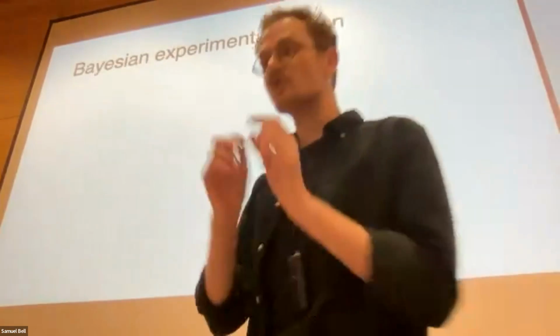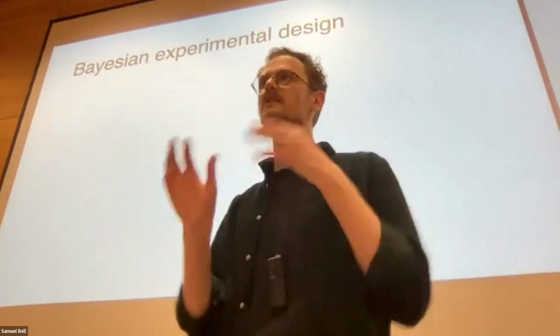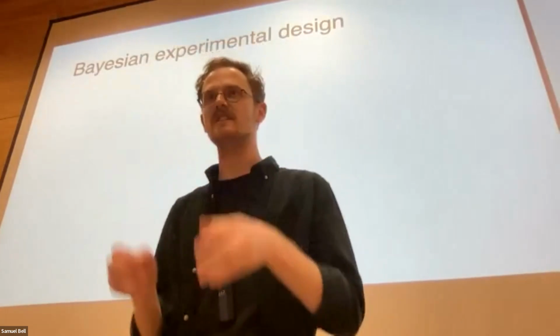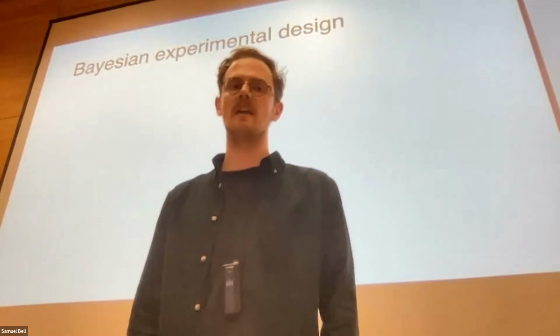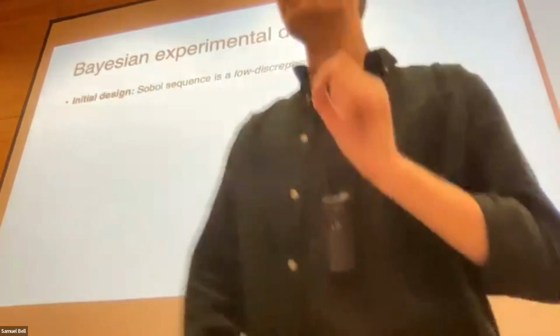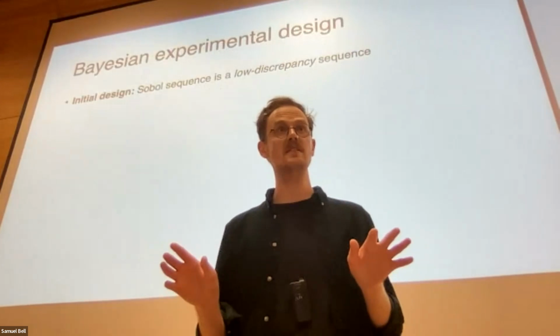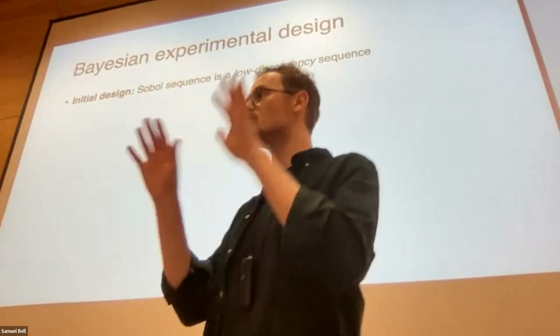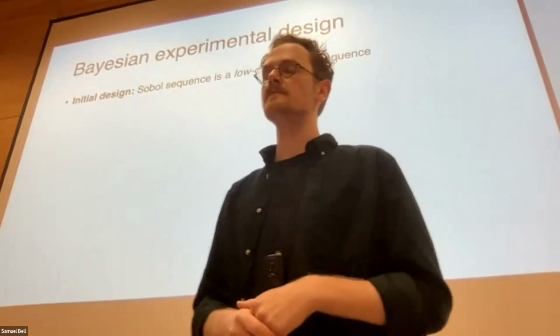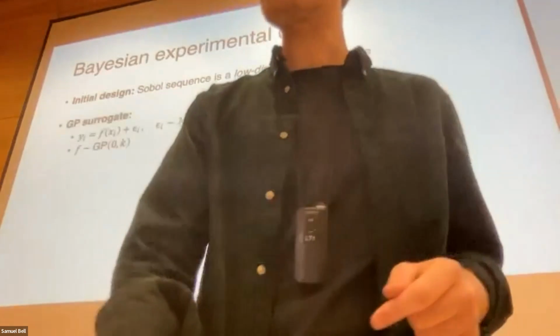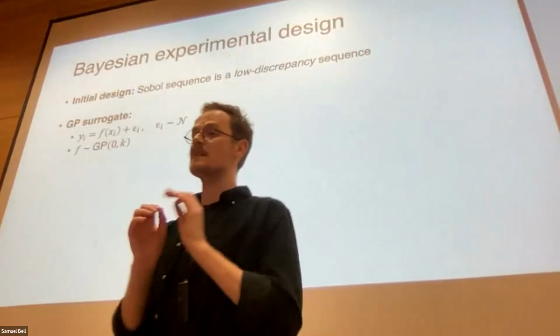Just to talk through that in a little bit of detail, I'm probably going to skip over most of the real detail, and we'll talk more about the high level. In terms of what we actually do, we're going to use a Sobol sequence as a low discrepancy sequence for our initial design. We choose that because it attains good coverage over the whole search space. For our GP, we're going to keep it really simple.